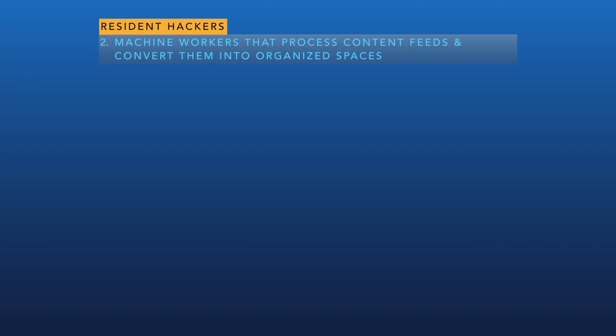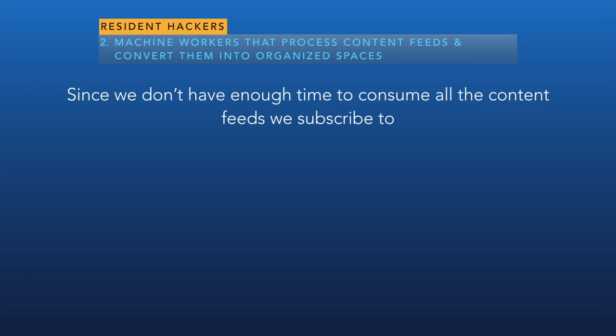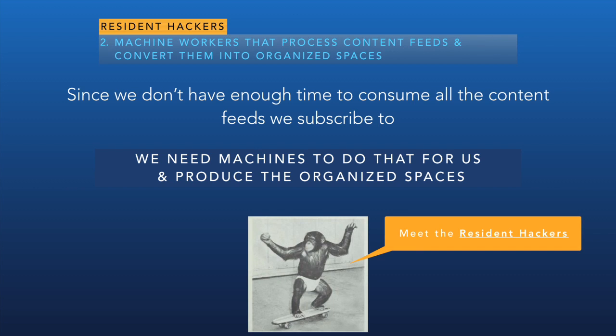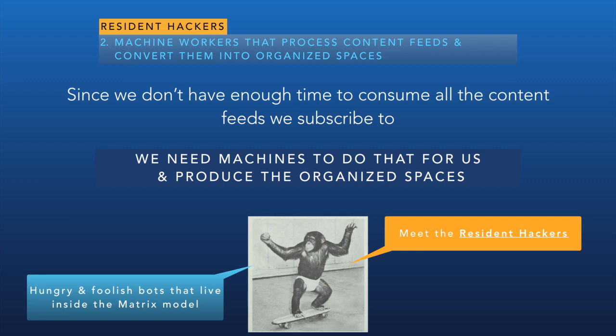Second ingredients are the resident hackers. Since we don't have enough time to consume all the content feeds we subscribe to, we need machines to do that for us and produce the organized spaces. So we call these the resident hackers, and they are hungry and foolish bots that live inside the matrix model and do the processing for us.